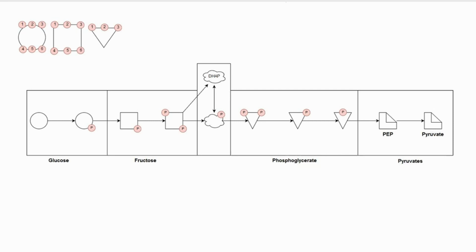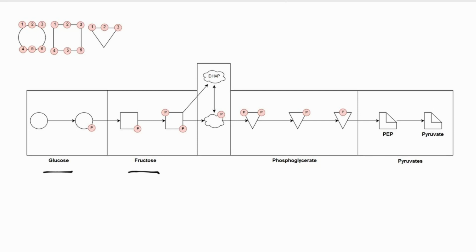If we look first at the way that I've got these metabolites arranged, you'll notice that I've got them grouped into 5 distinct boxes. The first box would be the glucoses, and then the next one would be the fructoses.